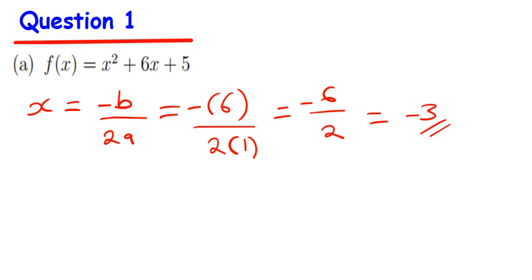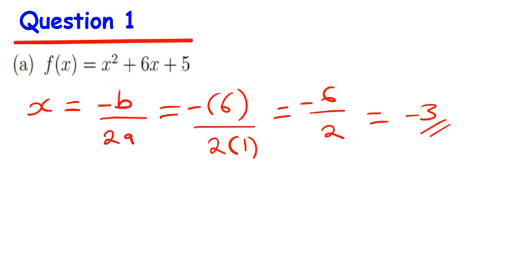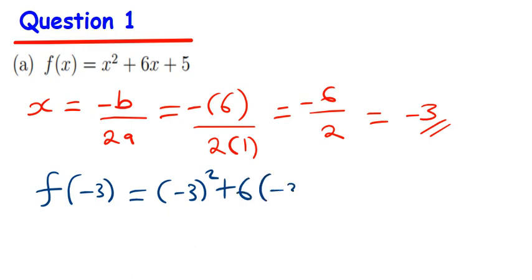What about y? For y, we're going to replace the value of x in the whole function. So wherever there is x, we replace it by negative 3. That would be f of negative 3 is equal to negative 3 squared plus 6 times negative 3 plus 5.